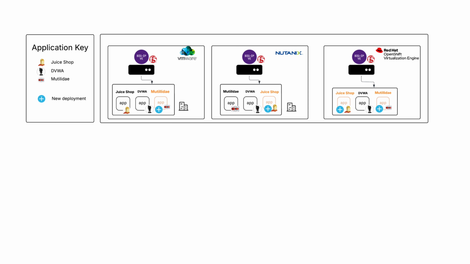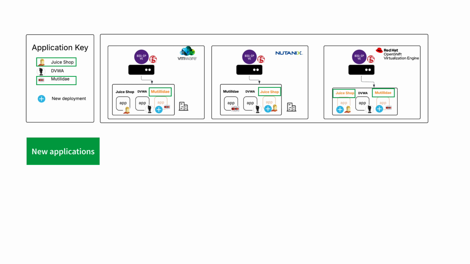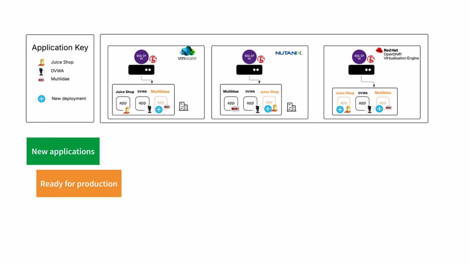The following sample applications have been deployed to and are running in each of the following environments. Here, DVWA exists everywhere, while apps under development, Juice Shop and Mutillidae, are only in VMware and Nutanix respectively. These two apps have just reached maturity and the organization is ready to put them in production and needs them to be available in each virtualized environment.